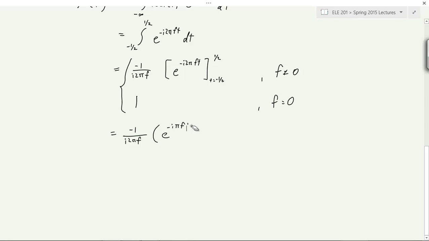No t anymore. Pi f. And then minus e to the i pi f. Does that look correct to you? Check myself. Yep. Okay. Of course, that was for the first case. Still 1 in the second case.